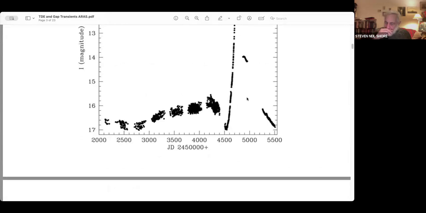Now, when you consider what this means, the luminosity, at least in the infrared, of this object was increasing by more than a factor of 1,000. This implies an enormous source of energy.